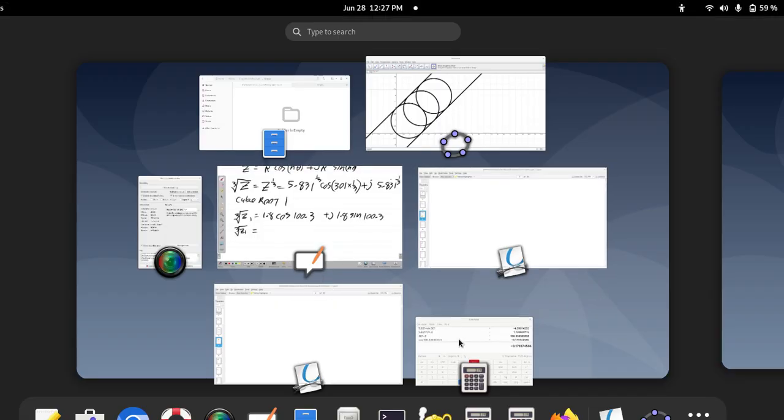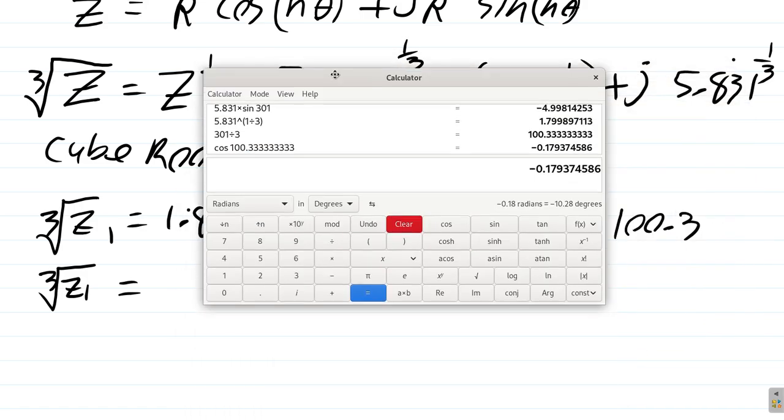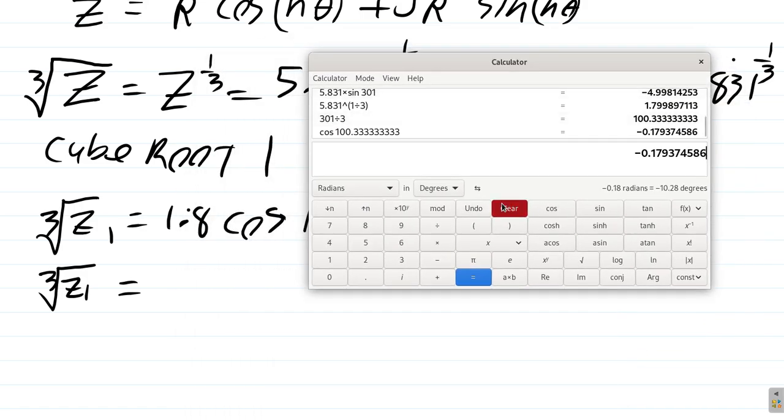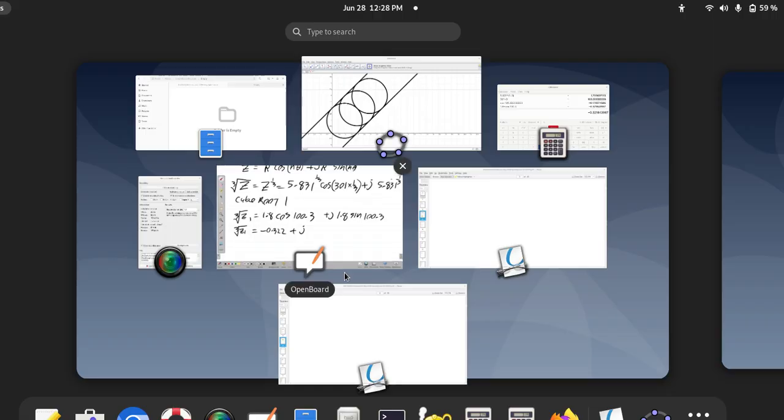So let's see how this goes now. 1.8 times the cosine of 100.3 is negative 0.322, all right, and then plus j what now?